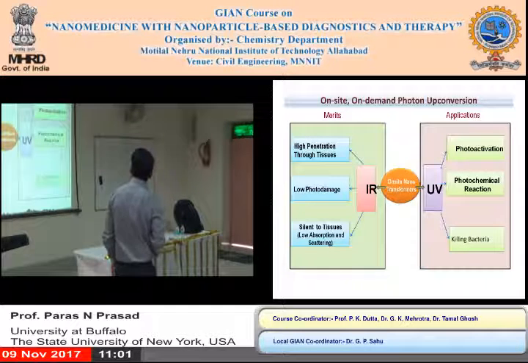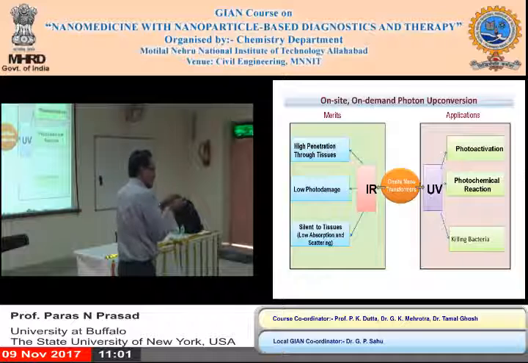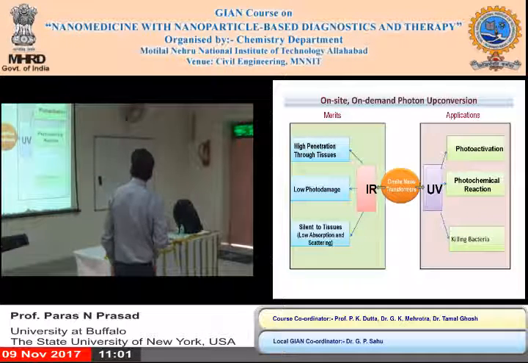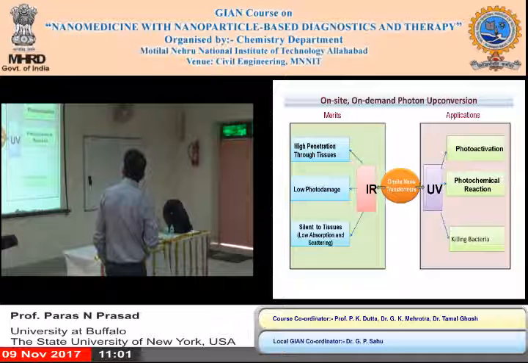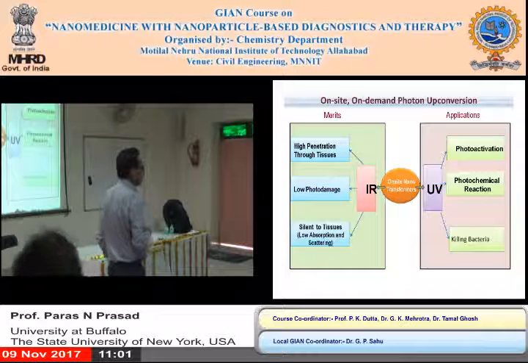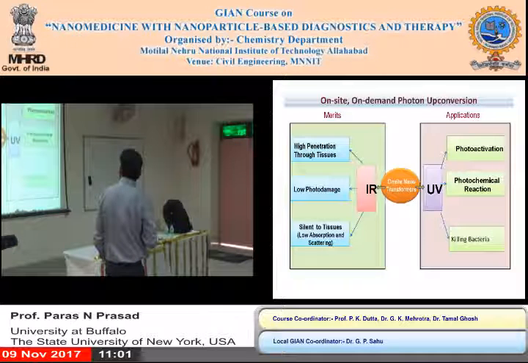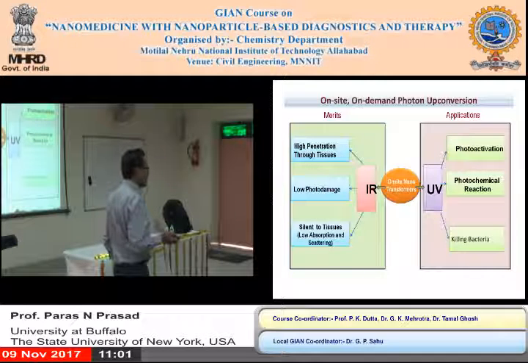But when you want to activate a therapy, either killing bacteria or initiating some photochemical reaction locally, or you can activate a drug, most likely you will look for an even shorter wavelength. You want to get more to blue and UV. So this blue and UV upconversion is more for therapy. IR upconversion is more for imaging. Okay?